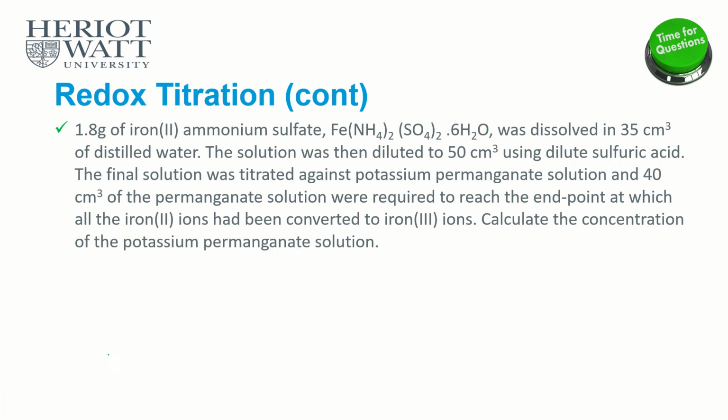Let's continue. Okay, you need 40 centimeter cubic to reach the endpoint. You need to calculate the concentration of potassium permanganate. And what we're going to do, step 1, is use 1.8 grams divided by the molar mass of this whole thing. Fe is 55.8. Let's add it on.